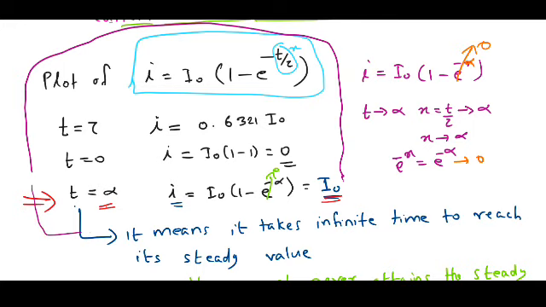When time t is equal to 2 tau, the value of the current I will be I0 into 1 minus e power minus 2, because when we substitute 2 tau instead of t, this tau and tau will cancel, then this will be e power minus 2.